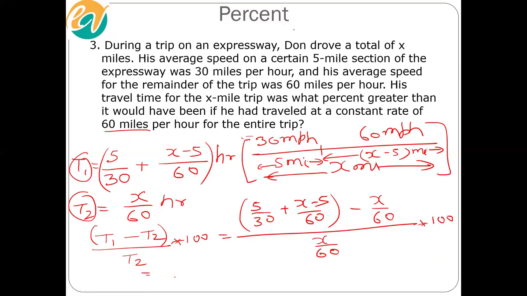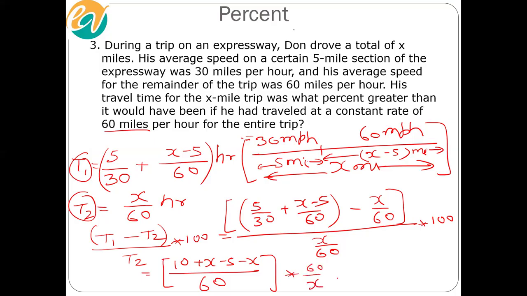So what we can do is obviously the numerator, the LCM is how much? 60, right? So what do we get here? So 5 becomes 10 plus X minus 5 minus X, right? And divided by X by 60, which means into 60 by X. Correct? So 60 and 60 get cancelled.